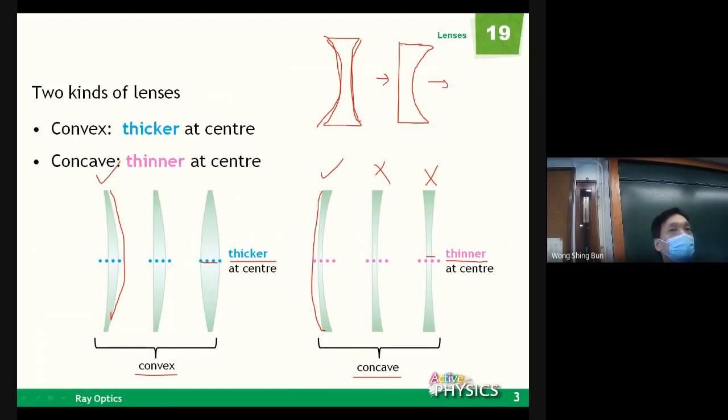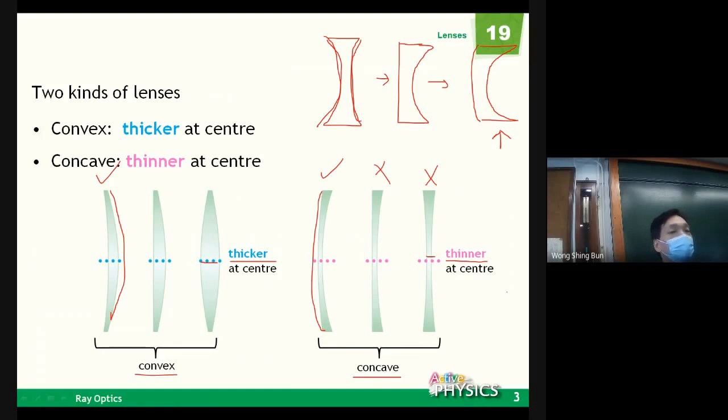So we will try to make this straight part more curved in the other way around, like that. Then how about this part? We should make it more curved, like that. Then this one will be your practical concave lens for you to wear. That's all. But of course, up to now, you should know these 2 terms, convex and concave.